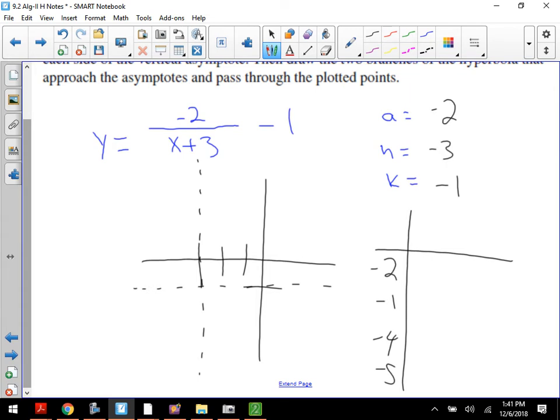A lot of times this math is easy, if not, use a fraction. If I use -2 for x, what's -2 plus 3? 1. What's -2 divided by 1? What's -2 minus 1? So at -2, it's -3.